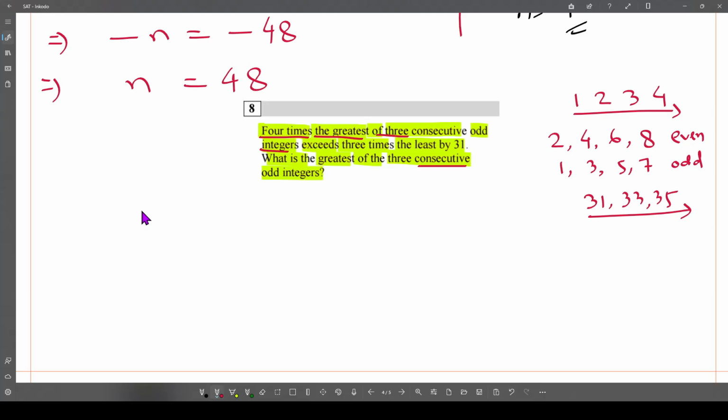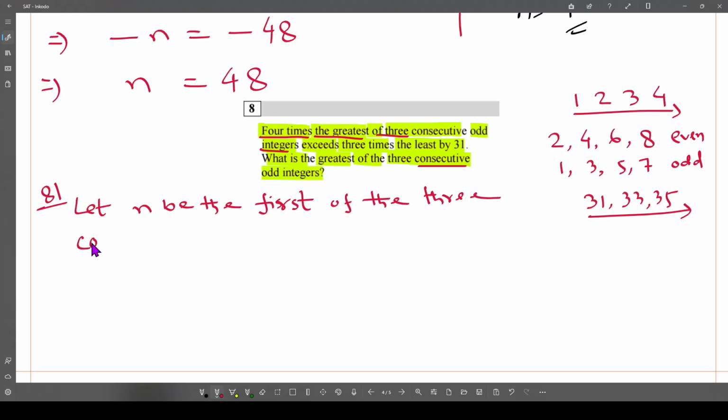So first we can write, let, this is number 8, let n be the first of the 3 consecutive odd integers. Why integer? Because there is no decimal or fraction.